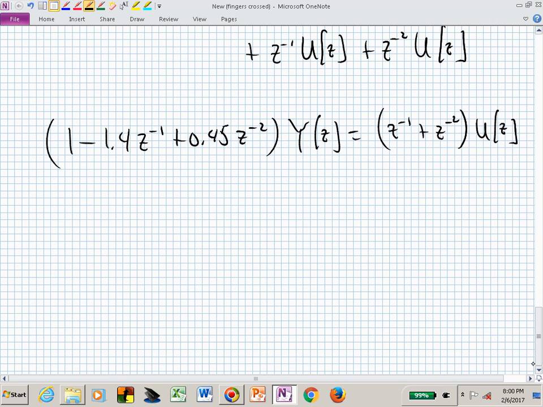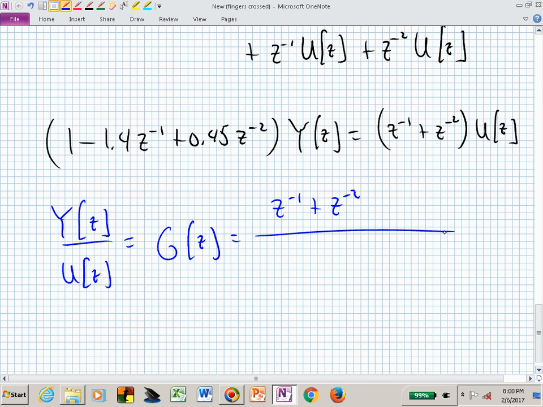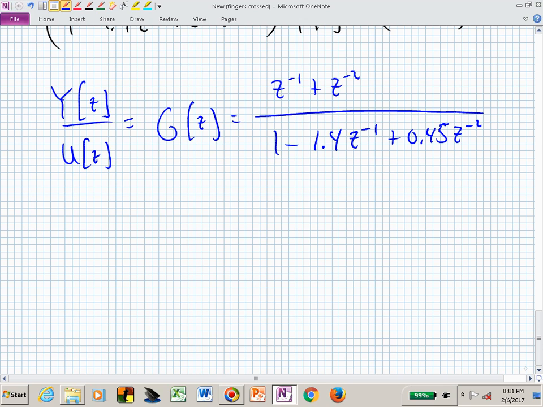Or y of z over u of z is now our transfer function g of z, which is (z to the minus 1 plus z to the minus 2) over (1 minus 1.4 z to the minus 1 plus 0.45 z to the minus 2). And we could multiply that by z squared over z squared, which is 1, to get things in a positive exponent on z.